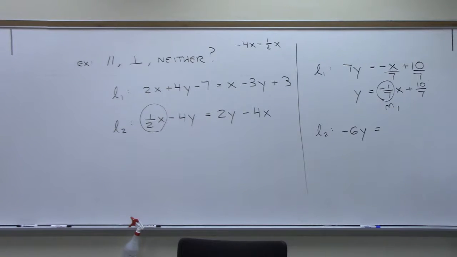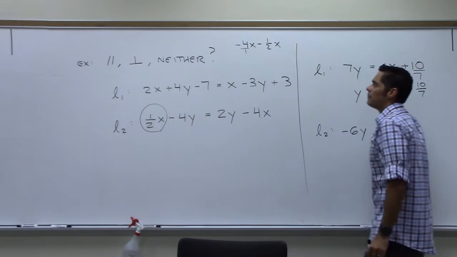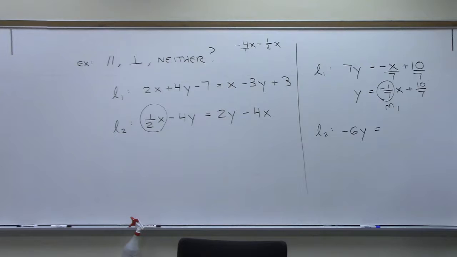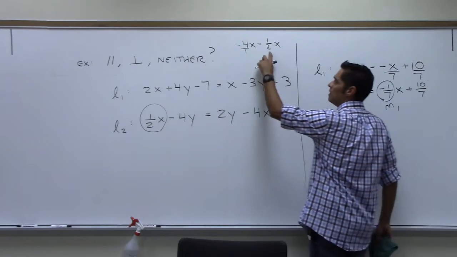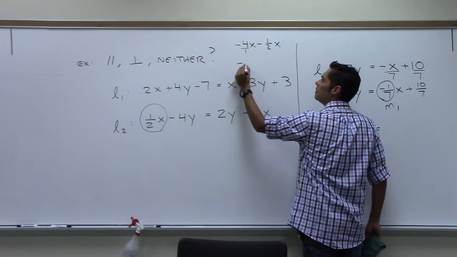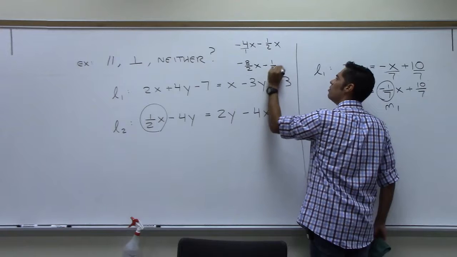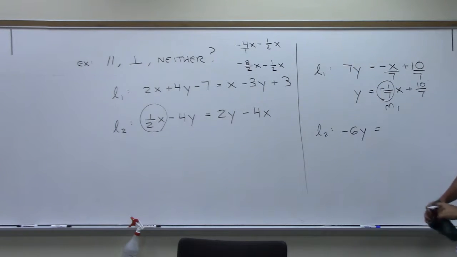That's what I'm supposed to do. And to do that, you have to have the same denominator, don't you? So I need to rewrite the negative 4 as negative 4 over 1. And then the common denominator here would be 2. So I can rewrite this as what? Negative 8 over 2x minus 1 over 2x. And now you can put those two together.